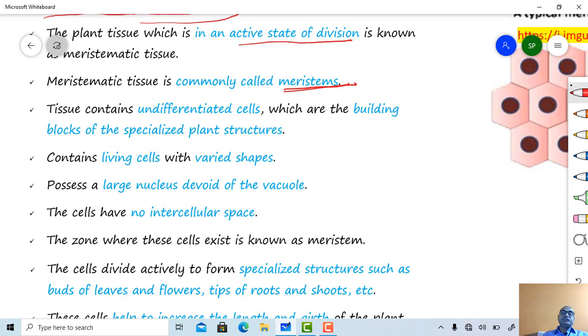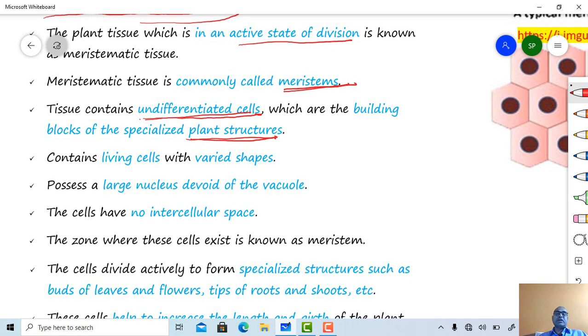This tissue contains undifferentiated cells. These are not totally differentiated cells; these are undifferentiated cells which are the building blocks of specialized plant structures. If you see within a plant, different types of organs are present. Generally we consider the root, stem, leaves, flowers, fruits.